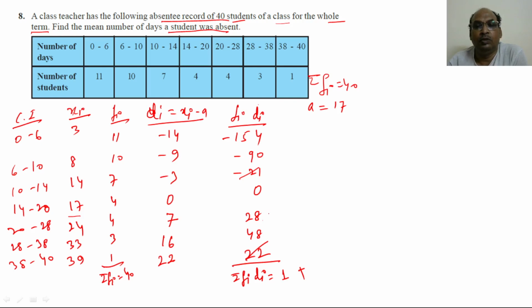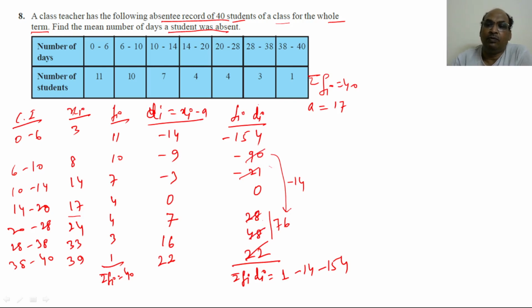Addition of these two is becoming 76, and 76 and minus 90 gives minus 14. So now left with minus 14 minus 154, which is minus 167.